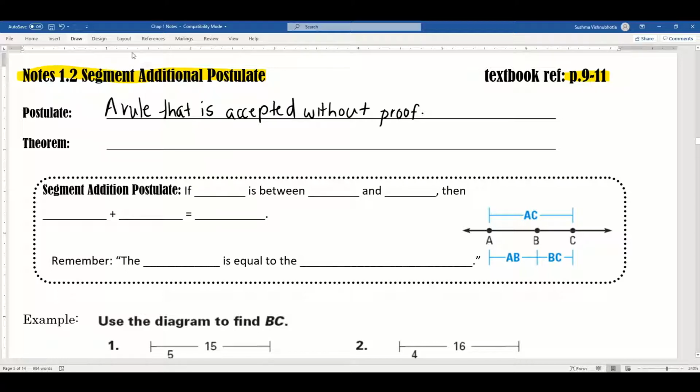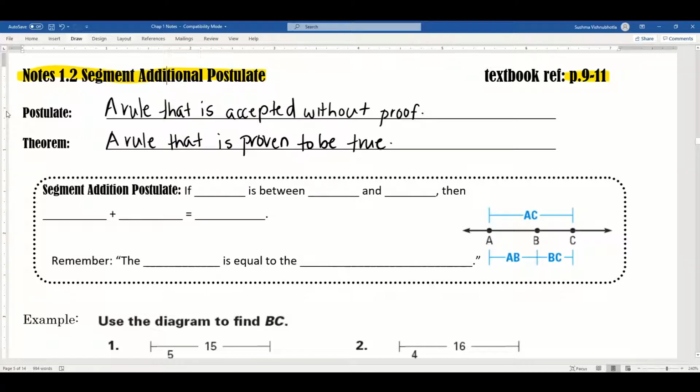Whereas a theorem is a hypothesis or a rule that is proven to be true. So these aren't just well-known facts. Someone had to prove that they were true.